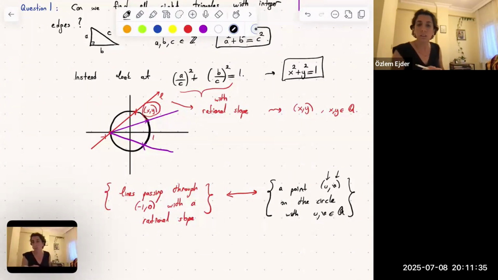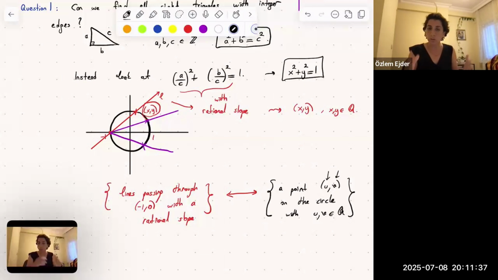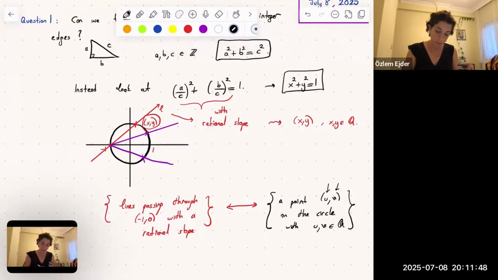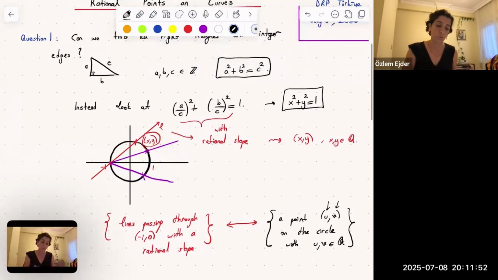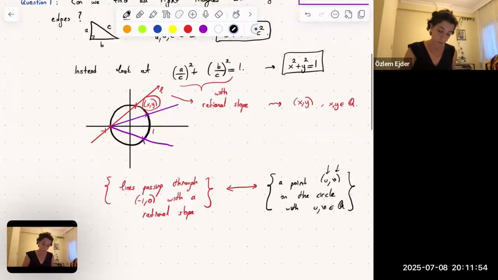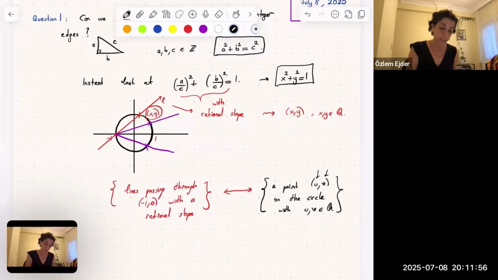So in general, I'm trying to solve an equation defined over the rational numbers, and I'm trying to find solutions that are also defined in Q. This process of drawing lines gives you a characterization of all solutions to this problem. So this way you can find them all.